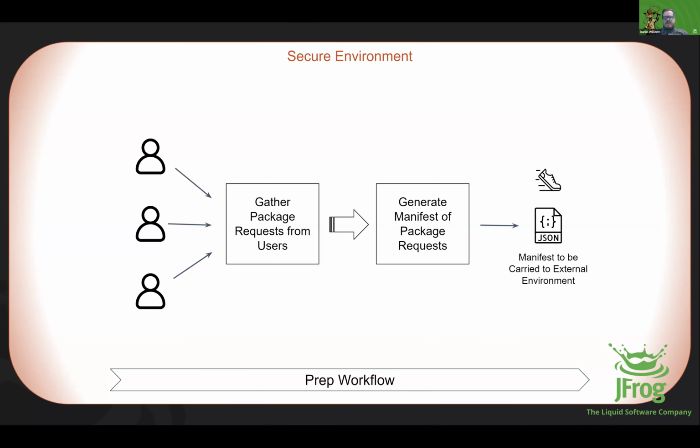We'll talk more about that later in the process, but if it can be automated, it can be pushed straight into the curation workflow. If there's an actual physical man trap style air gap, this would have to be outputted as a file. I'm using JSON, and then that file would have to be physically carried over to the low side environment where the curation can happen, and then loaded in.